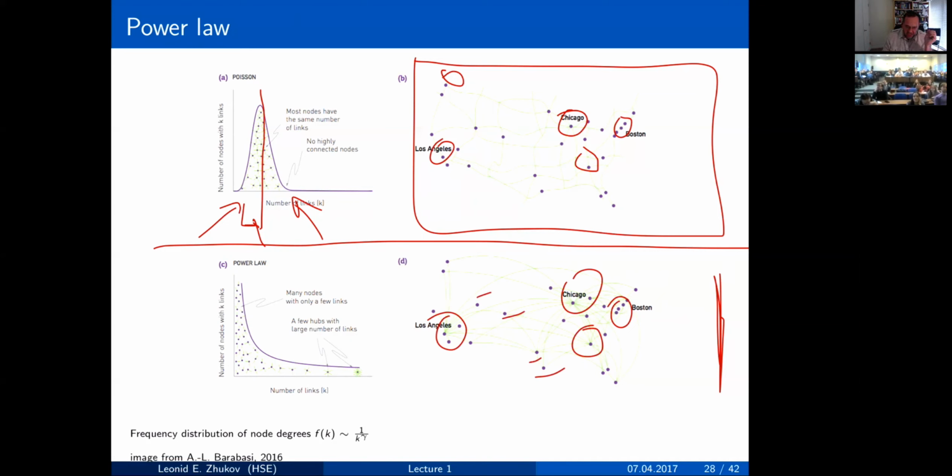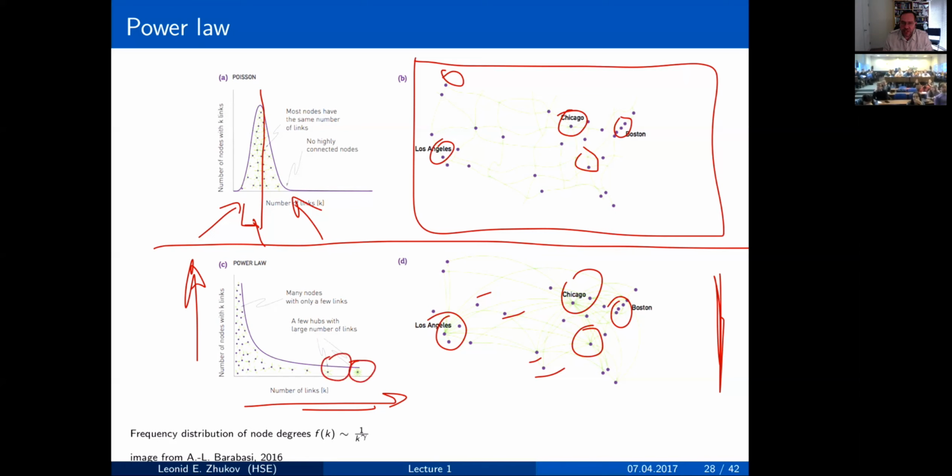And so if I draw the same picture as we did for the Poisson distribution, where I count the number of links on the horizontal axis, so the number of connections per city, the number of airline routes coming to the city, and on the vertical axis, how many of those cities there are, we'll see that there are a few cities with a lot of connections.